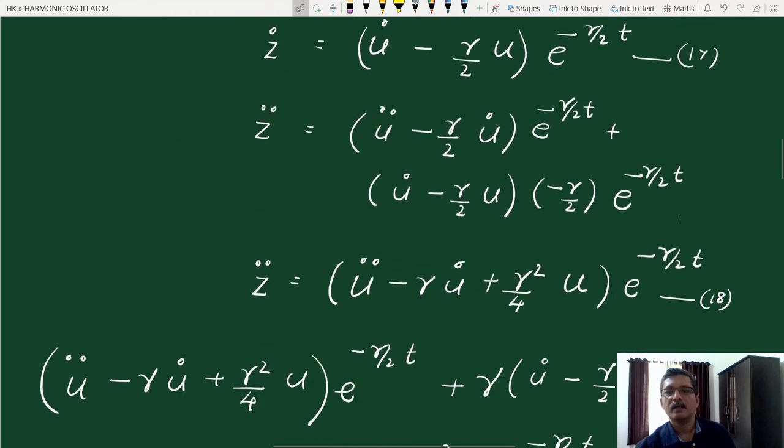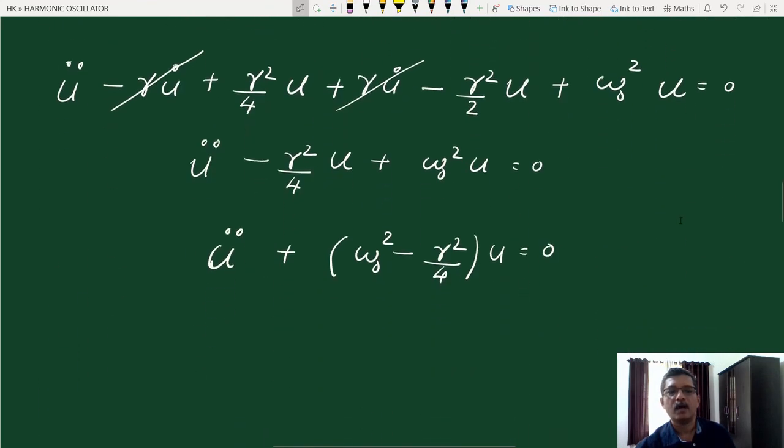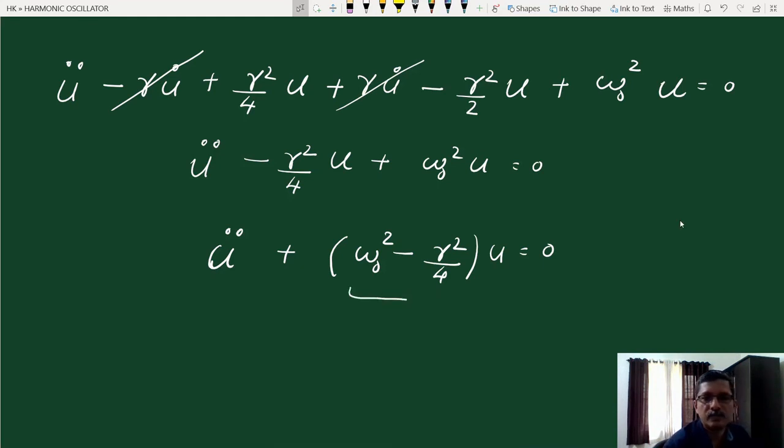Then if gamma square by 4 is equal to omega 0 square, this bracket is equal to 0. So what you have is u double dot equal to 0.